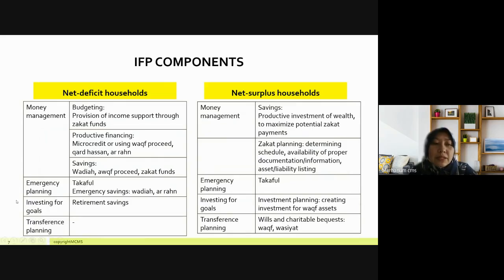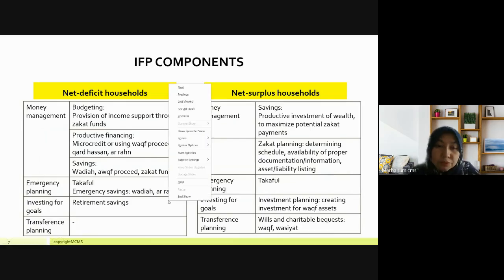The rest are the other aspects in financial planning, like investing for goals, retirement saving, and transfer planning like wills, wakaf or wasiat. That is what I want to share with you, why takaful is important.